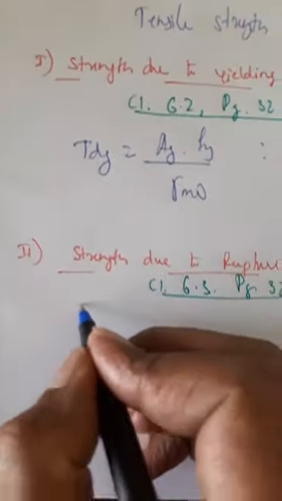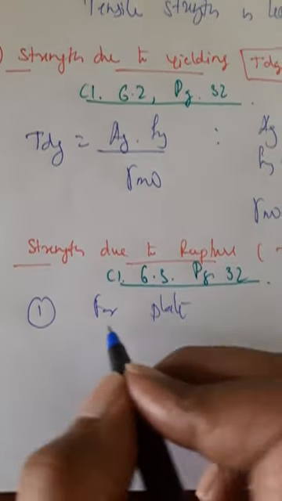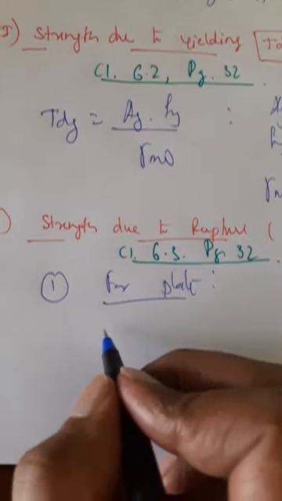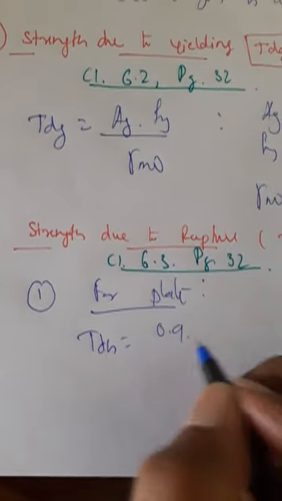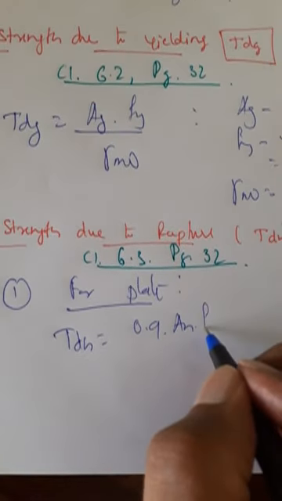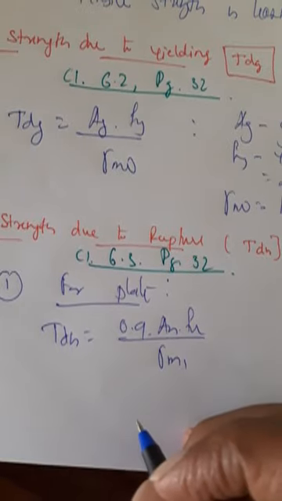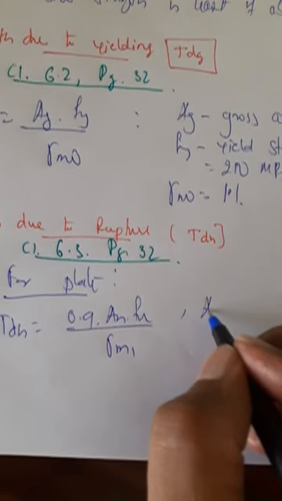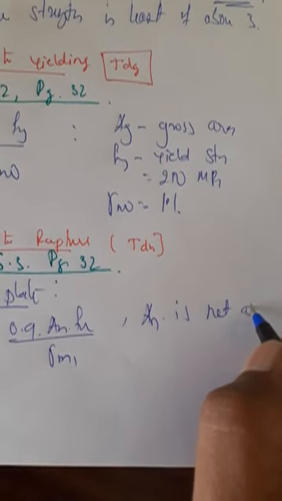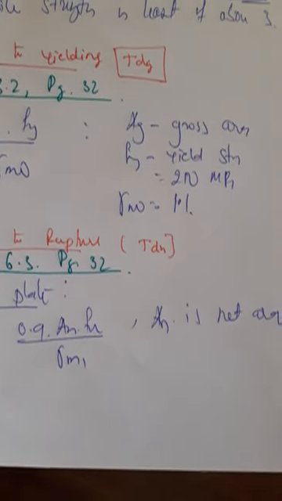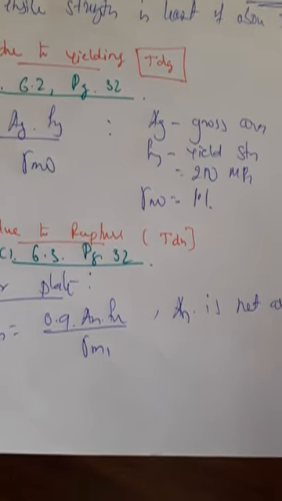First, for plates, say a flat plate, the equation for TDN is given by 0.9 AN Fu by gamma ml, where AN is the net area and gamma ml is the partial safety factor for rupture.